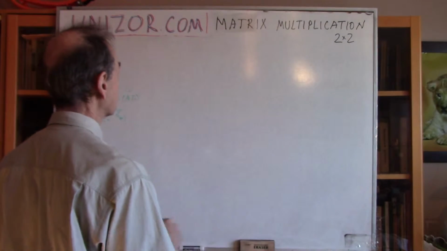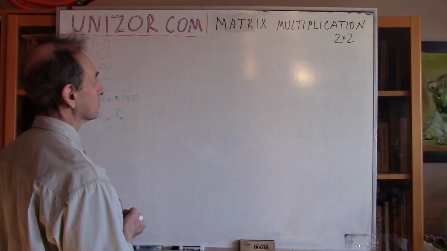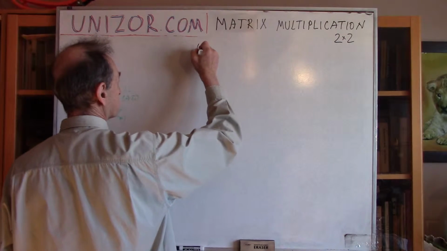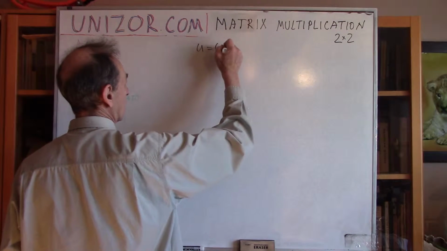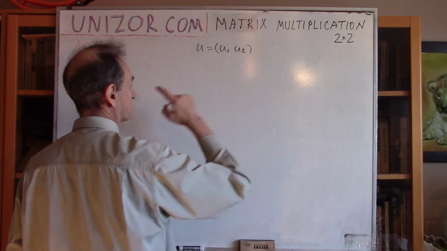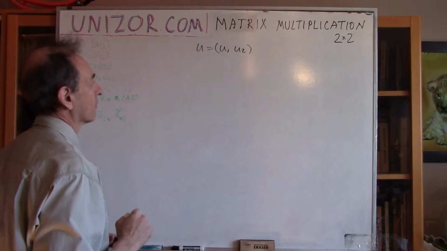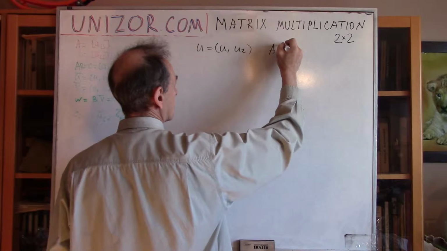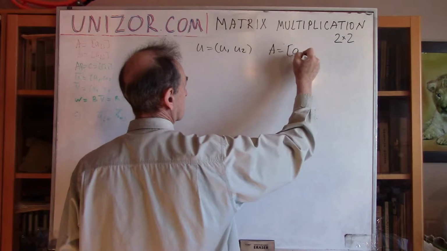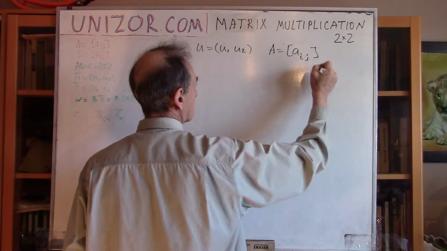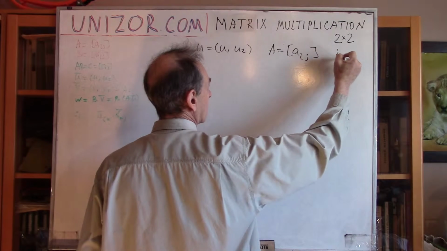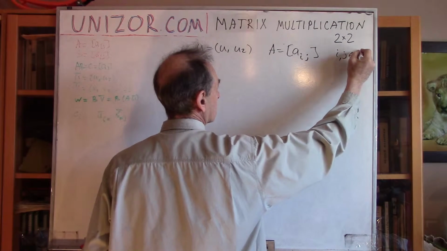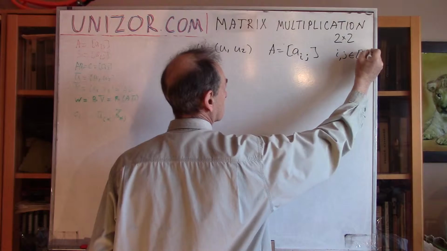So what we do is we start with a vector u, with coordinates u1, u2, and matrix A first, which has coordinates Aij, where i and j belong to the interval 1, 2.